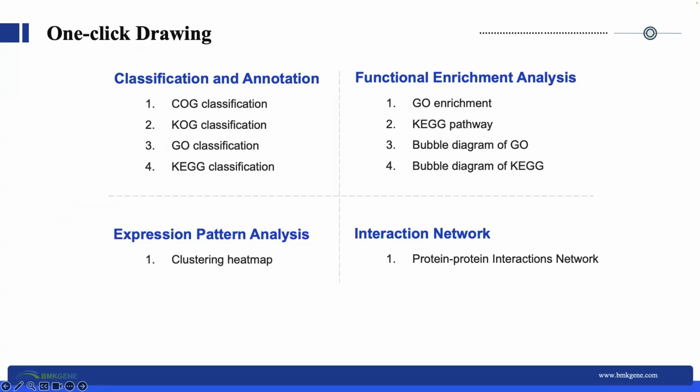You may get enrichment results and the bubble diagram of GO and KEGG. For expression pattern analysis, you may get a cluster heat map. And we also have interaction network results. You may get protein-protein interaction networks.